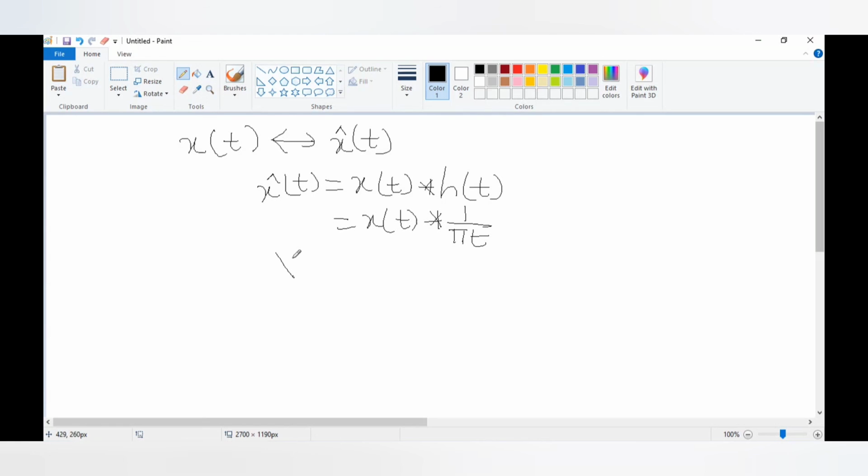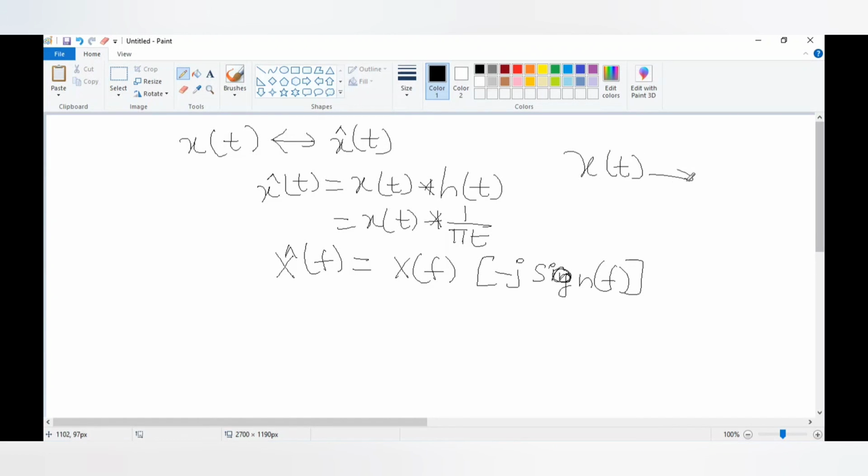So here how we will find x cap of f? x cap of f is equal to x of f multiplied with minus j signum of f. And we know that x of t, its Fourier transform is x of f. So mod x of f is the magnitude of this x of t.